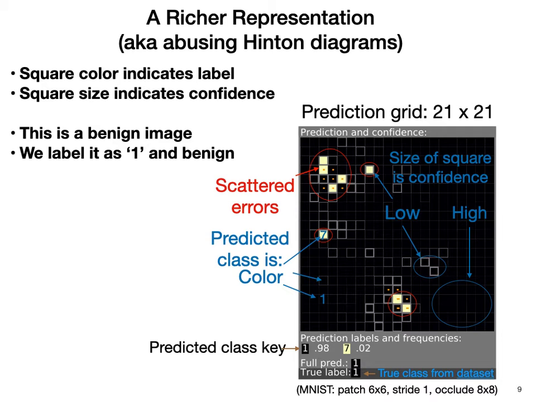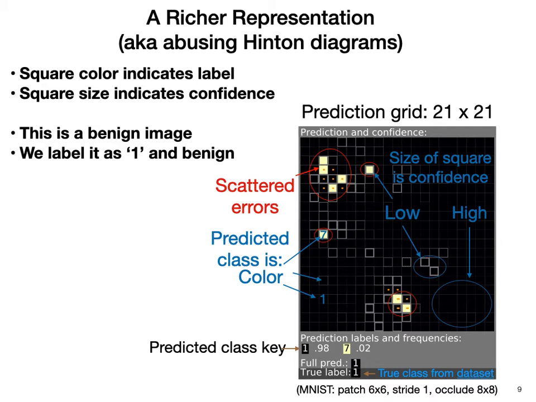Before we move to a more advanced and better defense, it will help if we use a richer representation for the prediction and voting grids. For this, we abuse Hinton diagrams. On the right is our new prediction grid. This is the same type of occluded prediction grid we have already seen. Just now, we use colors to represent different labels. The size of the squares indicates the prediction confidence.